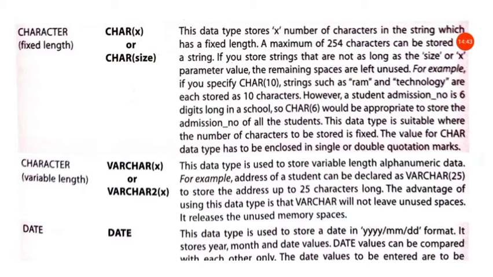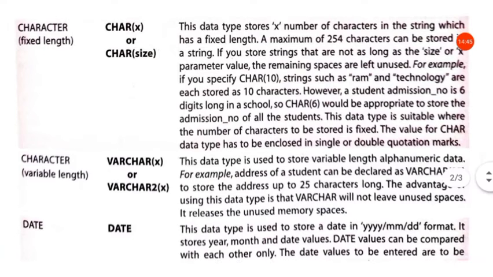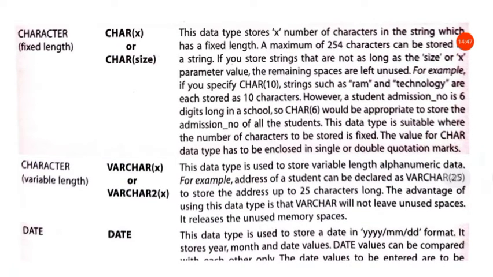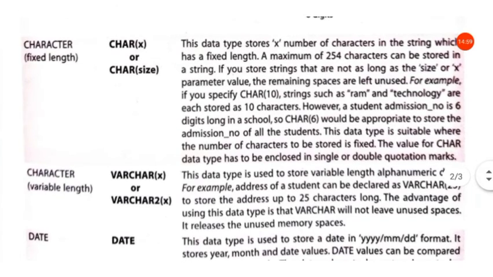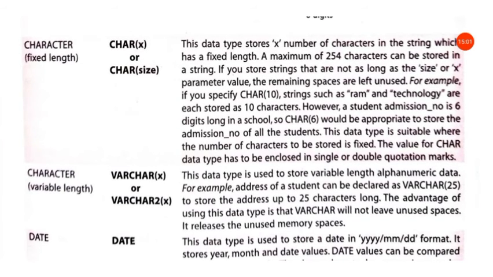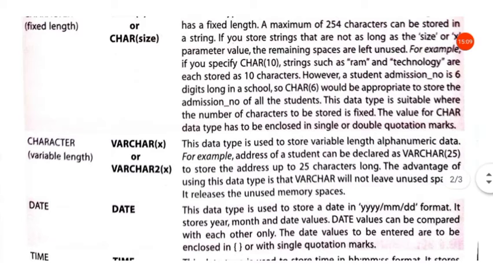In such cases we can use the char data type. And for storing names, the names of persons will vary, some will be 3 characters and others 11 characters. For such cases we can use varchar, because it is for storing variable data.